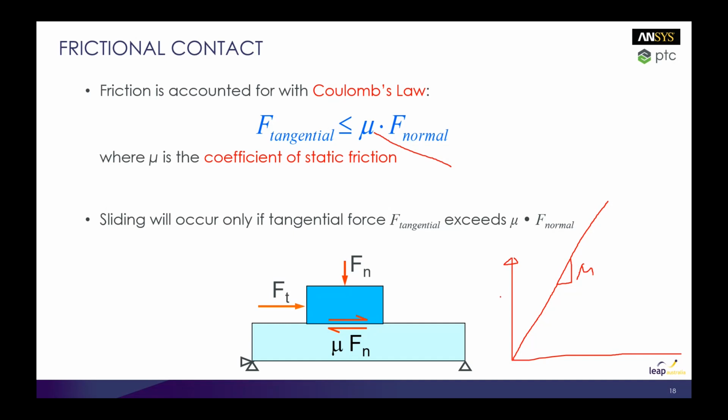Okay, so if we convert this into a stress, this is the shear direction, this is the normal direction. There'll be a certain limit based on the interaction between these two surfaces. If you think of this as basically an elastic plastic material, once you start shearing the material, you'll get sliding as well.